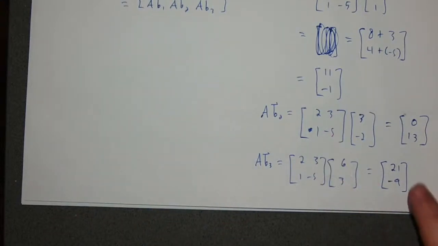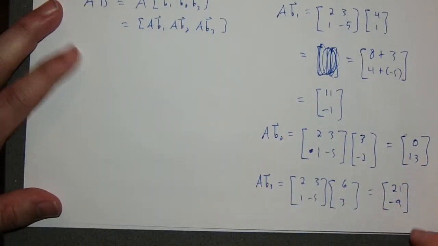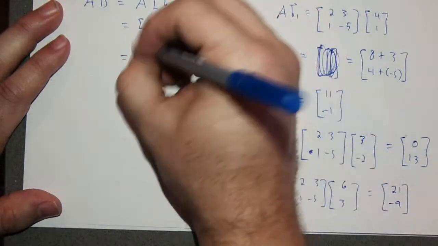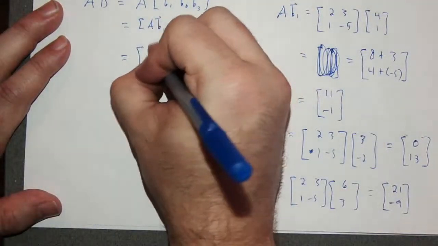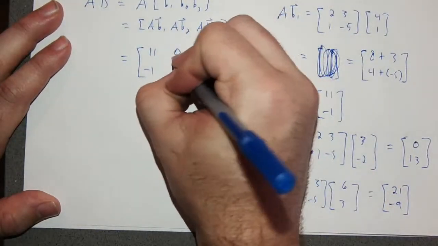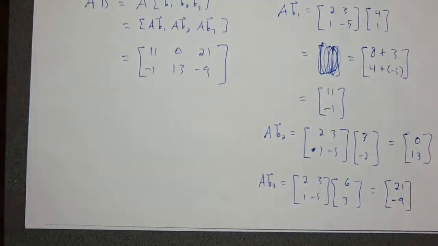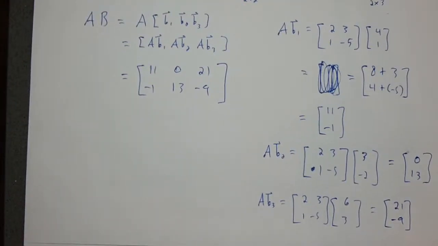Okay, and so going back here, AB1 is 11, minus 1, AB2 is 0, 13, AB3 is 21, minus 9, and so this product AB is just putting those vectors in here. So this is 11, minus 1, next is 0, 13, now I'm reading column-wise, 21, minus 9. So that is my matrix product. Now, a couple things to note.